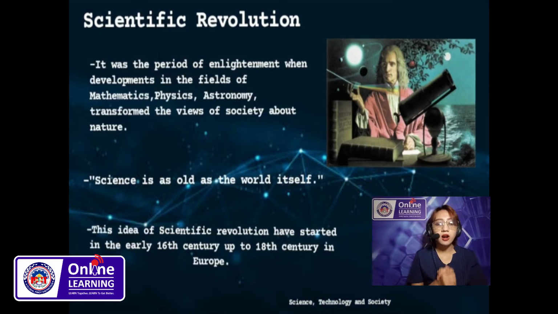It is said also that the scientific revolution was the period of Enlightenment when the development in the fields of mathematics, physics, astronomy, biology, and chemistry transformed the views of society about nature. So the birth of modern science came from the developments of the disciplines mentioned before.